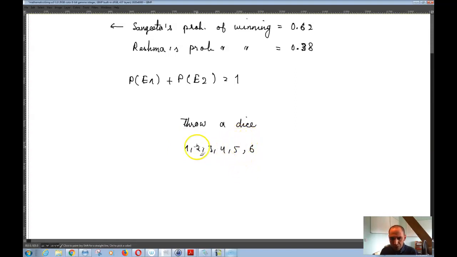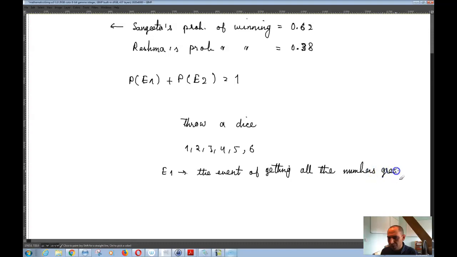So if I define an event here, call it E1, let E1 be the event of getting all the numbers greater than 4.